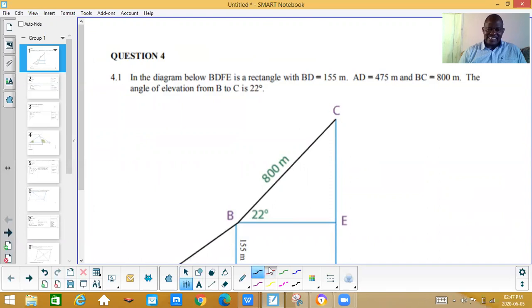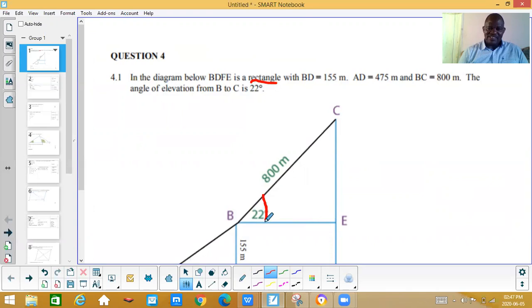If they say it's a rectangle, you must know the properties of the rectangle, where BD is 155, AD is 475, and the angle of elevation from D to C.